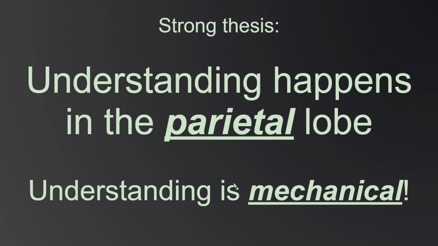Cool. So my strong thesis is what happens in your brain, because we kind of did a survey of all of the things about the information getting to your brain, that understanding happens in the parietal lobe and that understanding is mechanical.